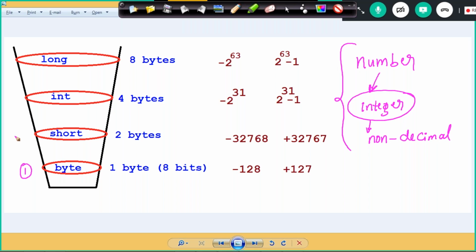One is called byte, another short, another int, and the last one long. Byte means the capacity of byte is 8 bits. Byte can store -128 to +127. This is the capacity of byte.